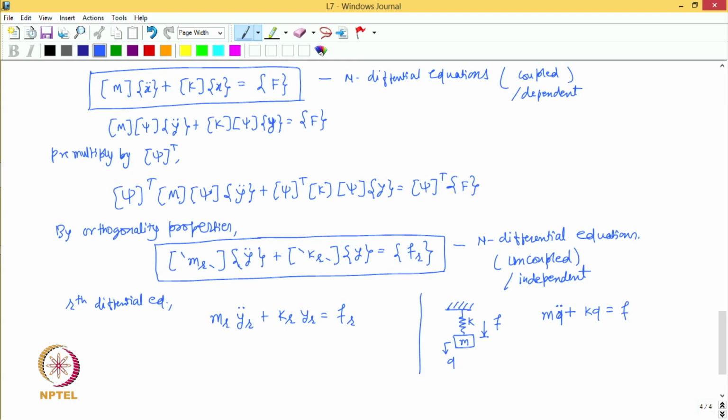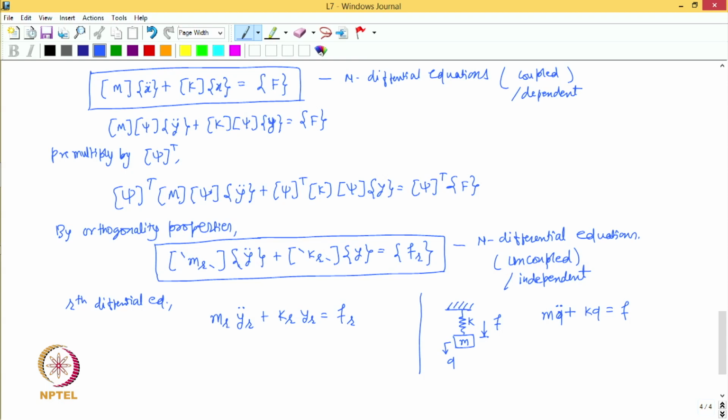And now if you compare this rth differential equation with the differential equation of a single degree of freedom system, we see a great similarity. This equation looks very much similar to this equation, isn't it? Based on this, we can say that the rth differential equation we have written here corresponds to the rth mode.